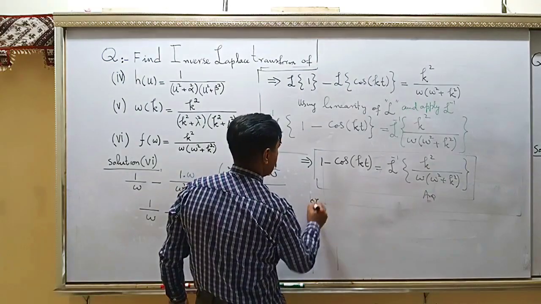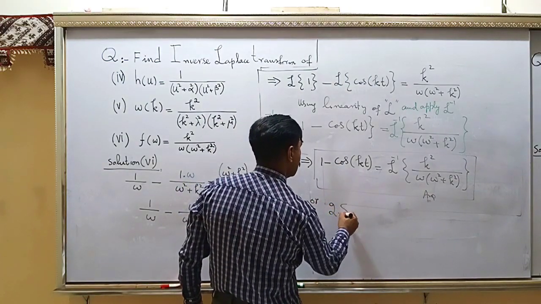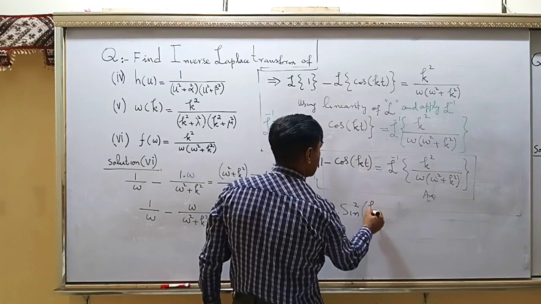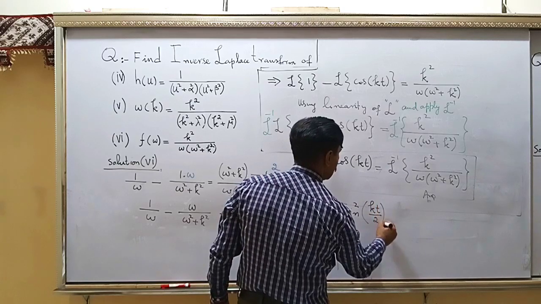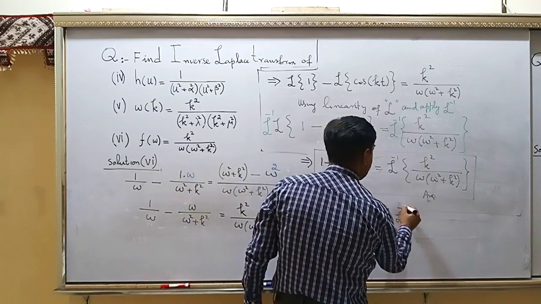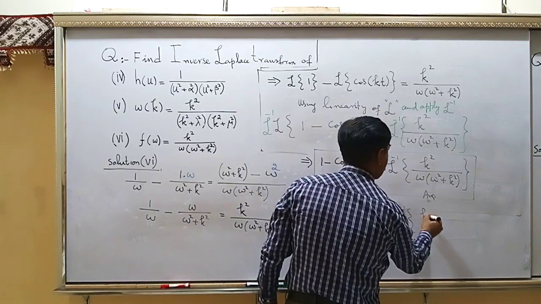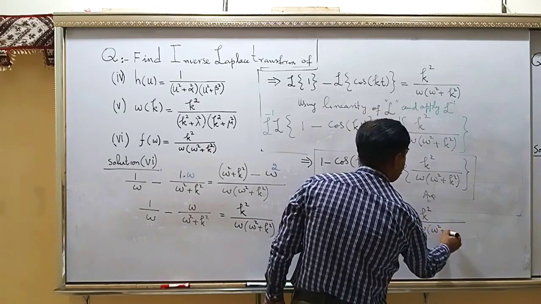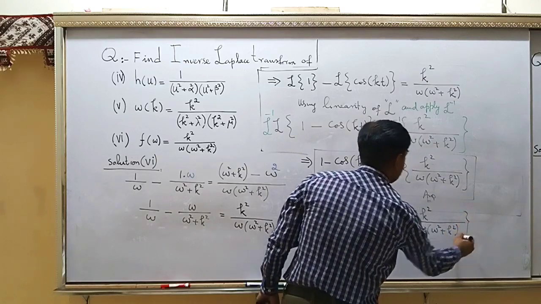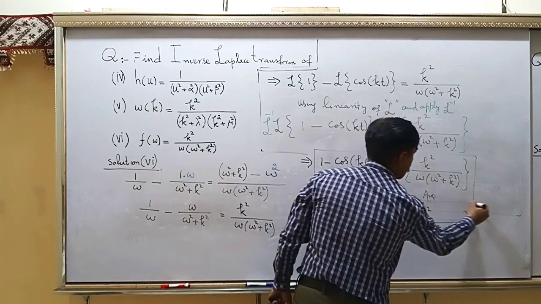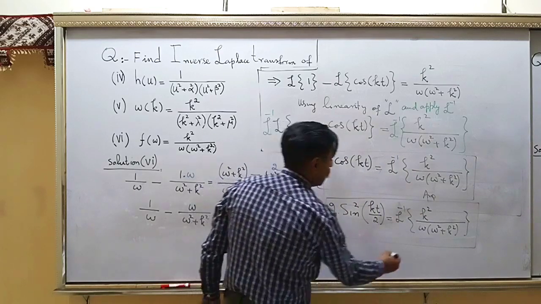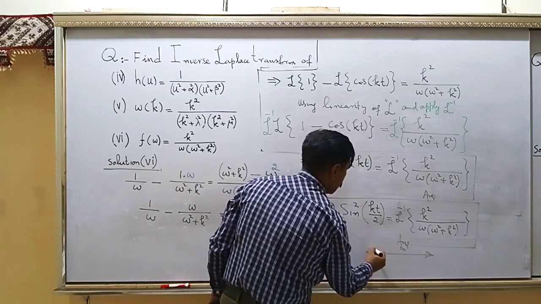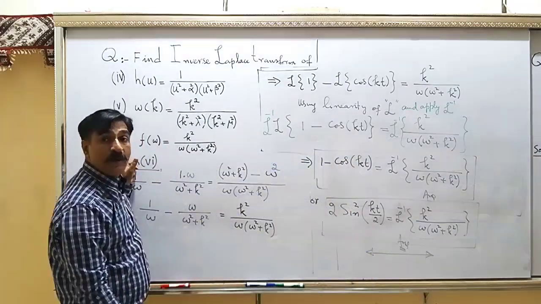So this is 2 into sine square of kt by 2, and this is equal to L inverse of k square over omega into omega square plus k square, right? So you can express your answer to this question in this form. This is the final solution of the last part of the problem, right?